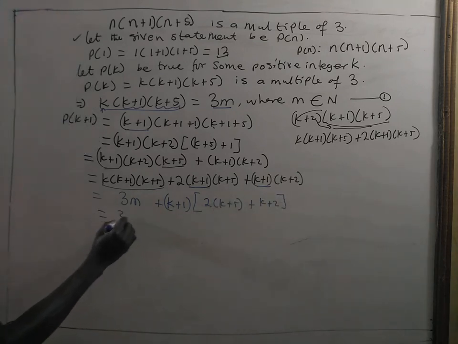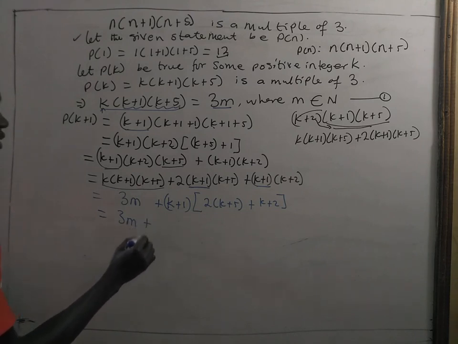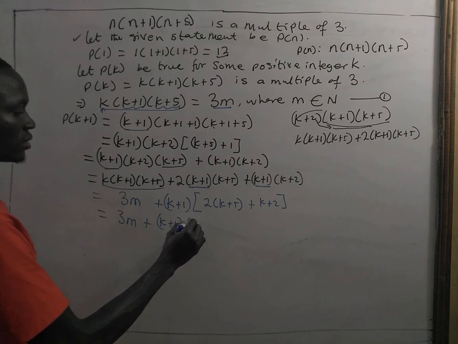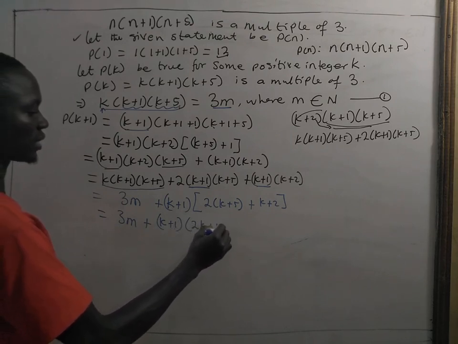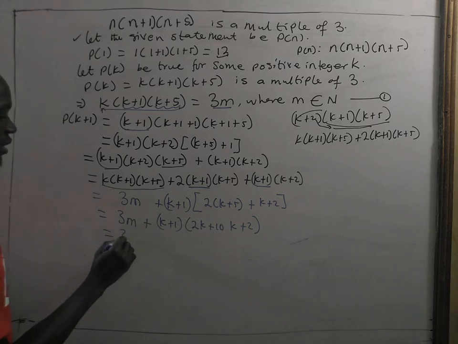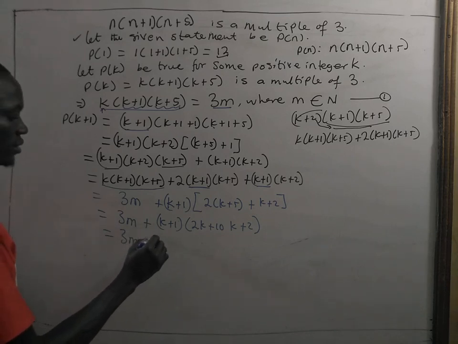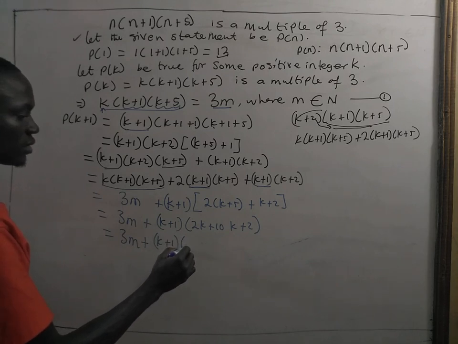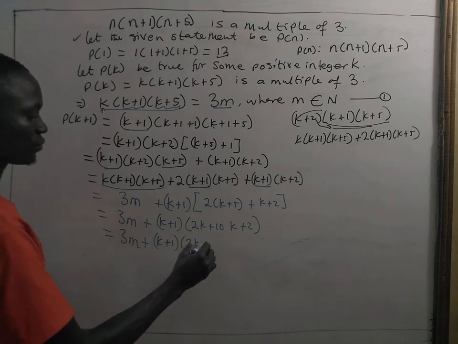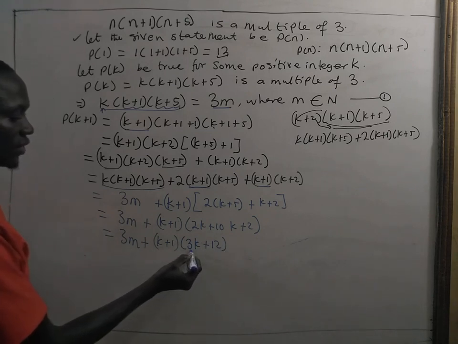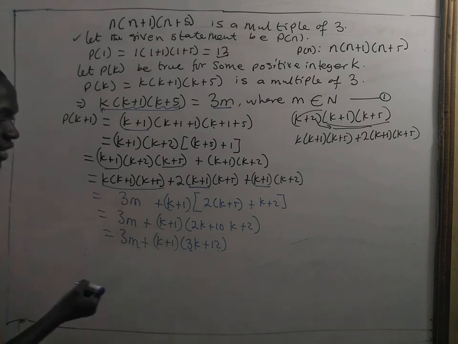This gives us 3m plus k plus 1 times 2k plus 10 plus k plus 2. So this gives us 3m plus k plus 1 times 3k plus 12. And here 3 is a factor, so you can factorize 3 out.